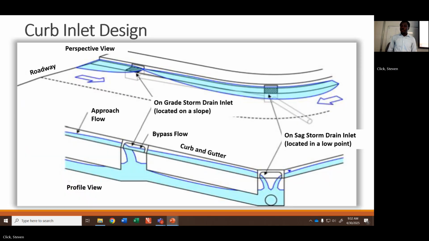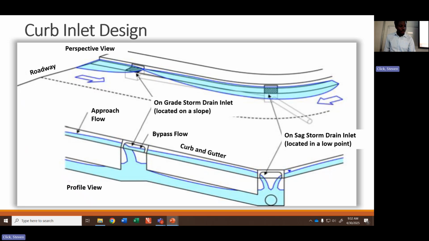Continuing. So we want to see how we design the curb inlets. We have already seen how to design the gutters. We want to continue to see how we design the curb inlets. So the curb inlets are placed along the longitudinal slope of the curb.